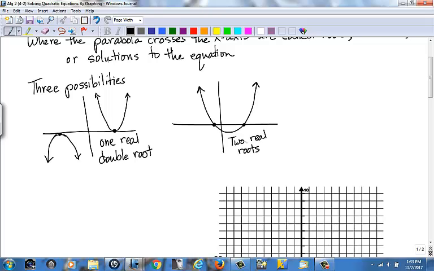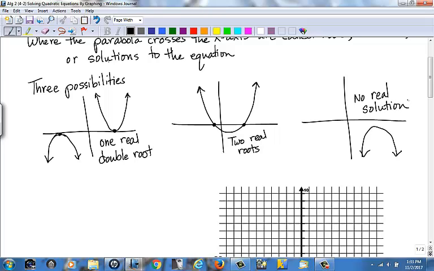In this case, I'd have one that's negative because it's on the left side of the y-axis, and one that's positive. And then the third possibility is you might have one that does not cross. If it does not cross the x-axis, then you say no real solution. There is a solution, but it's not a real number.